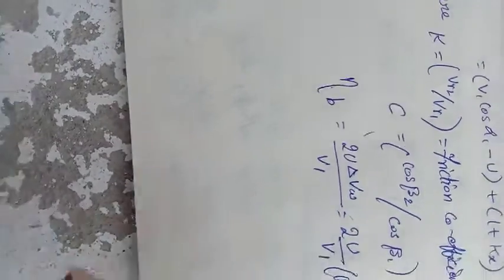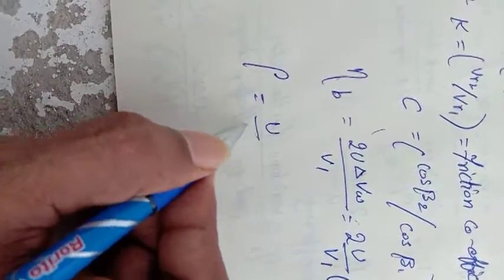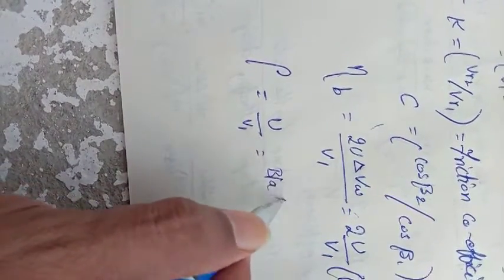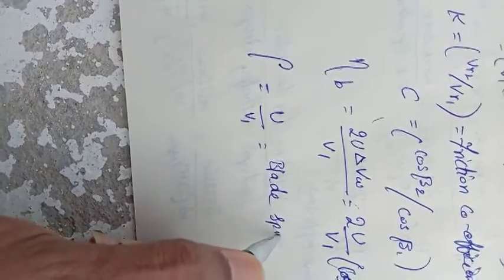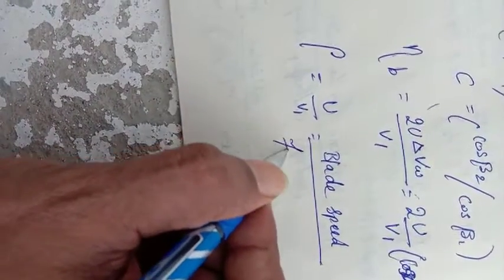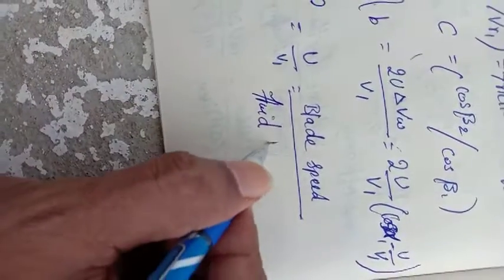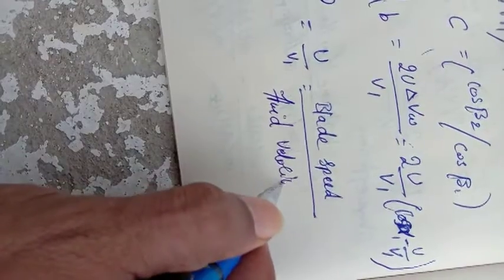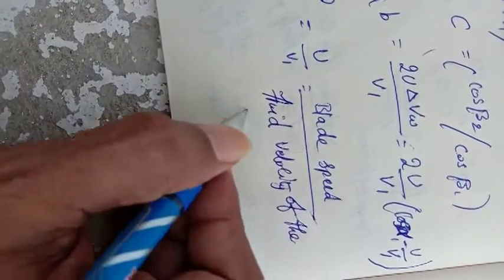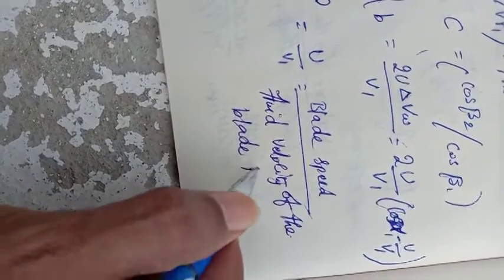And then rho is equal to u by V1, that is blade speed divided by fluid velocity at the blade inlet.